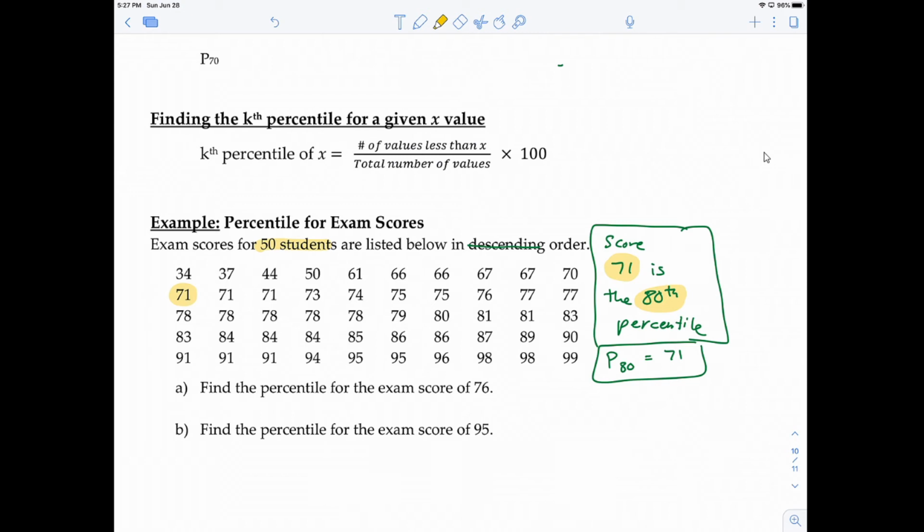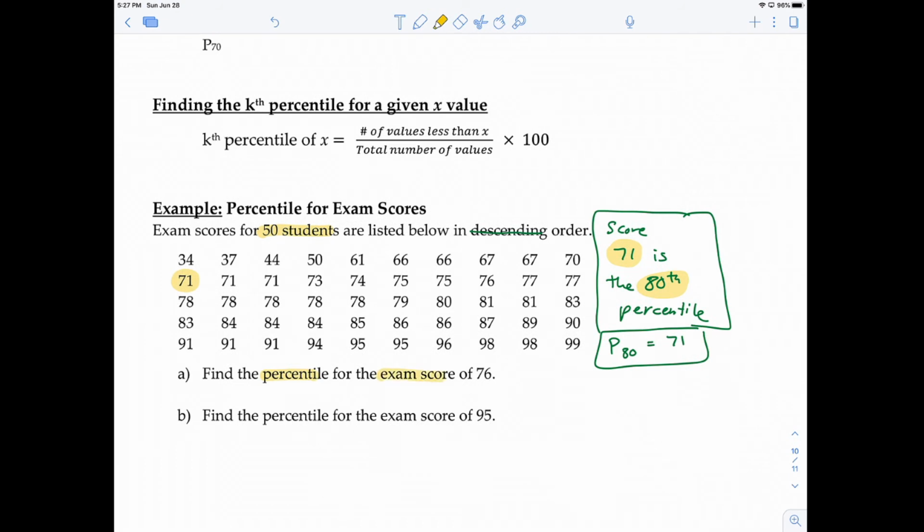Let's do a problem using this formula. The first one, A, says find the percentile for the exam score of 76. What it's asking is, given a score of 76, what is its percentile?